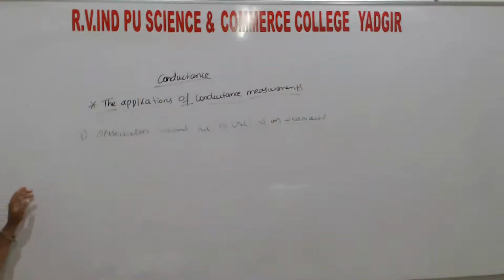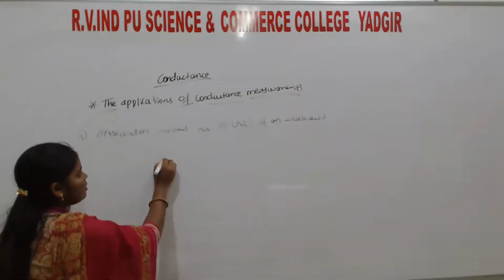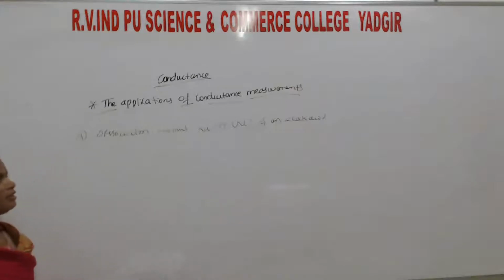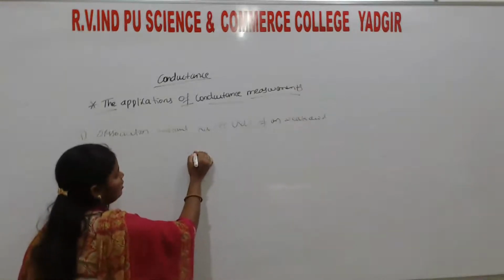Here is the relationship between the dissociation constant Ka and the degree of dissociation alpha. The degree of dissociation is denoted as alpha, and the dissociation constant is denoted as Ka.